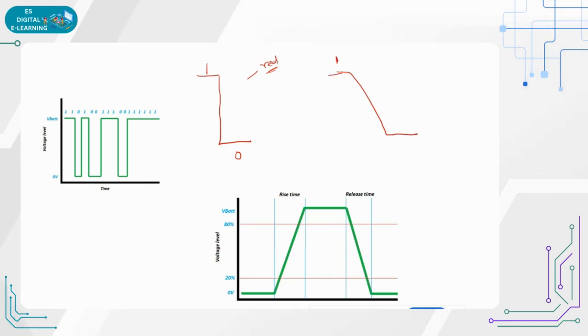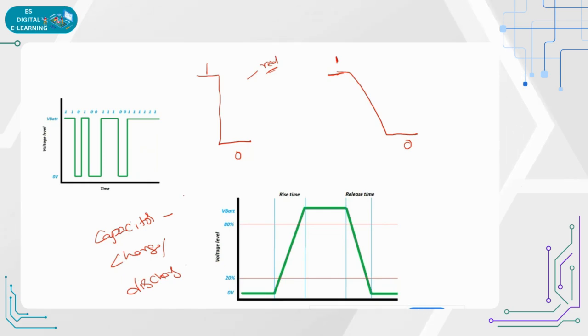It will be a slow falling in the current, because, as we know about the capacitor, the capacitor charges and discharges. Charging happens when you are giving power, and discharging happens when you are slowly removing the power. Like as I told you, some of the plug points or the TVs we see in homes, whenever you power on or power off, the LED slowly goes off and comes on slowly.